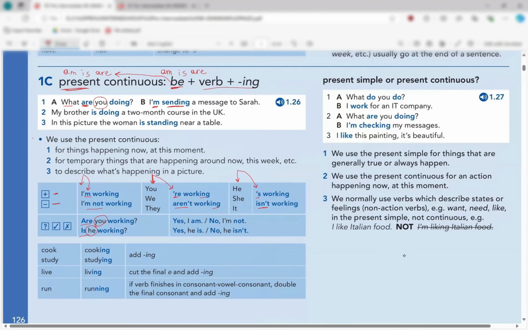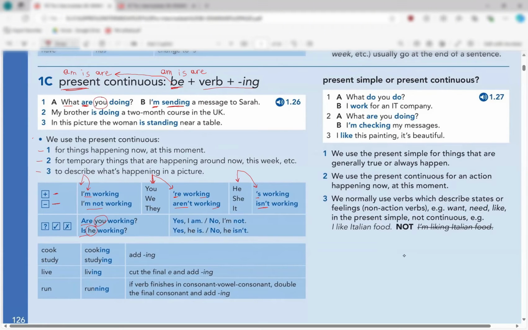So present continuous, as you can see, there are 3 points. We use present continuous for things happening now at this moment. So while I'm talking, if something is happening, in progress, then I use present continuous. Like I am explaining this grammar.